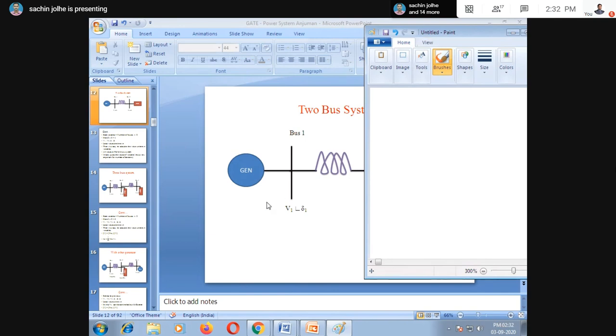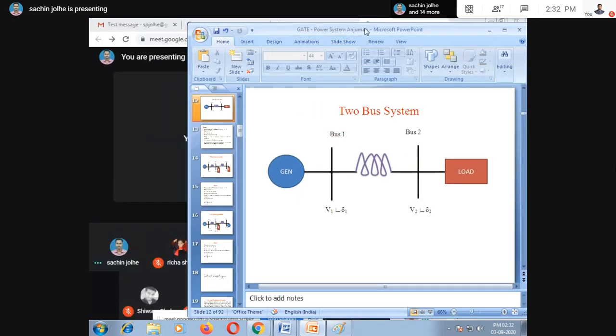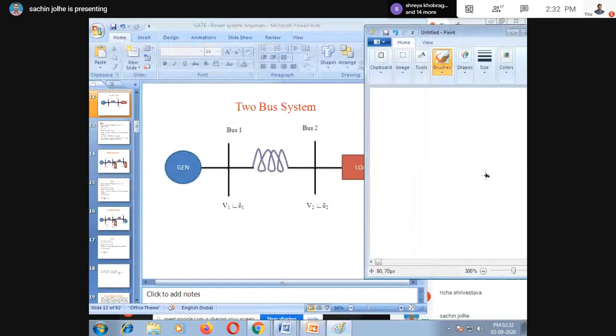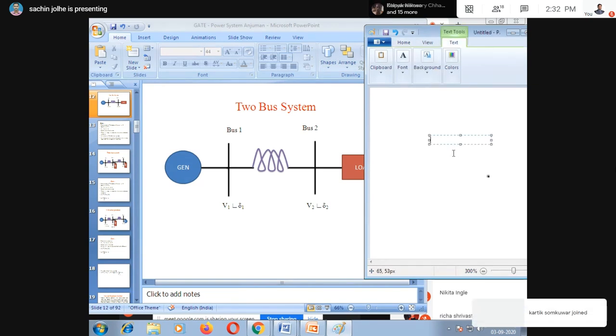now see, this is the system. When the current is flowing from bus 1 to bus 2, there is a reactance, and the same current goes to the load. So let's take an example and name it I2.